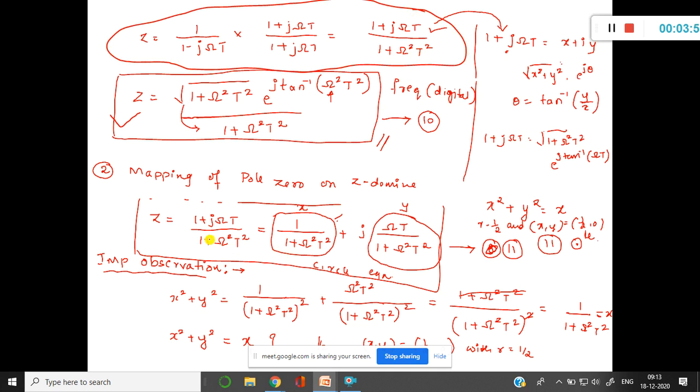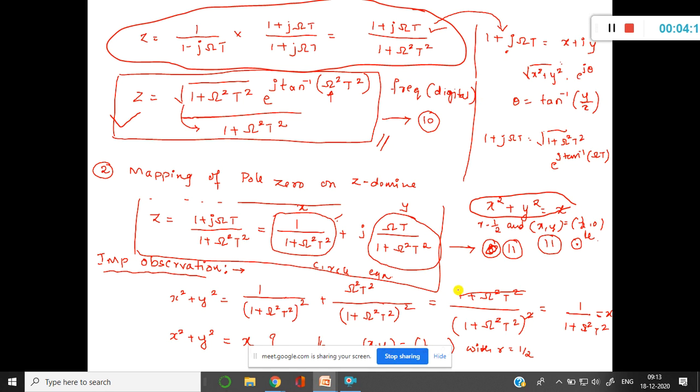And if we observe the same equation, we consider this to be x and another to be y. If I square x and square y, and add both of them, I am going to get x again.